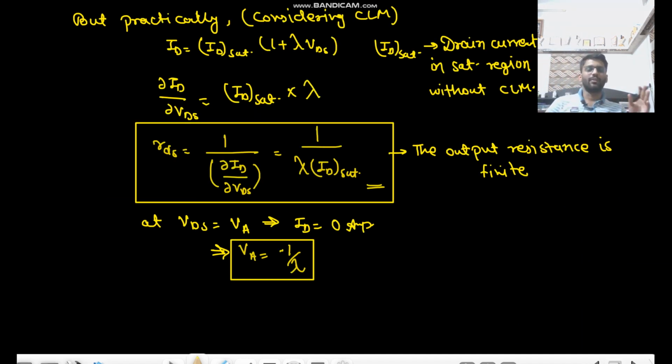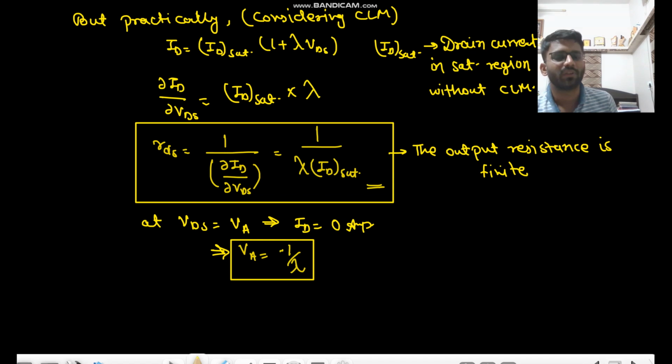I hope you have understood the concept. When VDS is greater than VDS sat, practically the current doesn't saturate because of the high electric field. The electron feels very high force and the current increases slightly, and because of that there is a finite output resistance in the MOSFET. Its value is 1 upon lambda ID sat, where ID sat is the drain current in saturation region without considering channel length modulation.